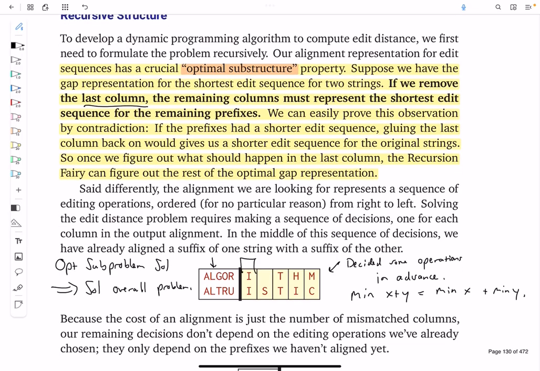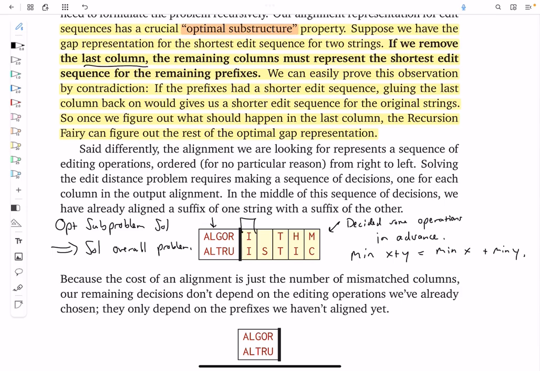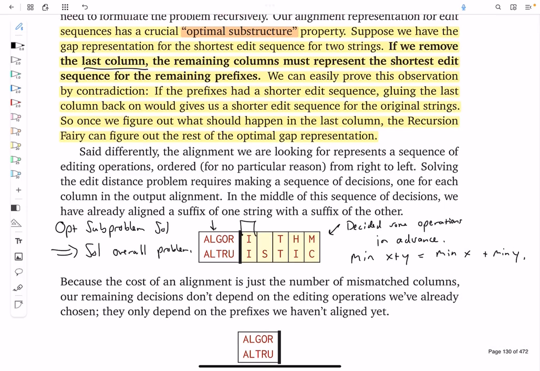Okay, so now let's try to solve the problem. So if we just look at the middle of the problem, we're at some column i. Well, we can either insert, delete, or substitute the value of the top string in order to get the character of the bottom string to match.